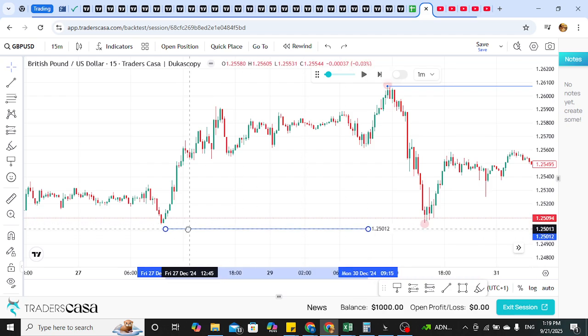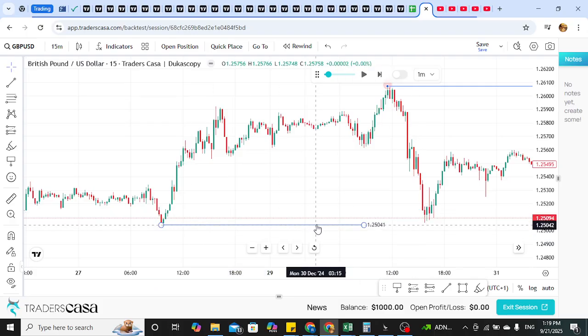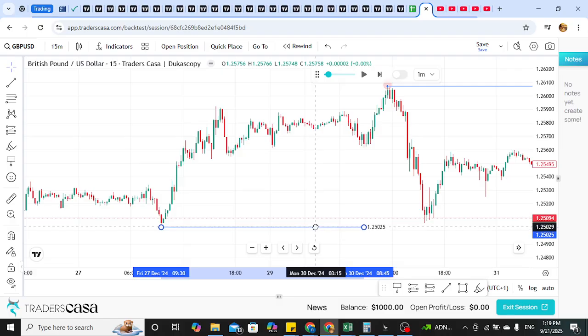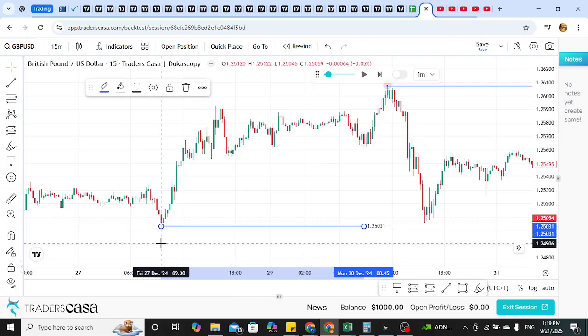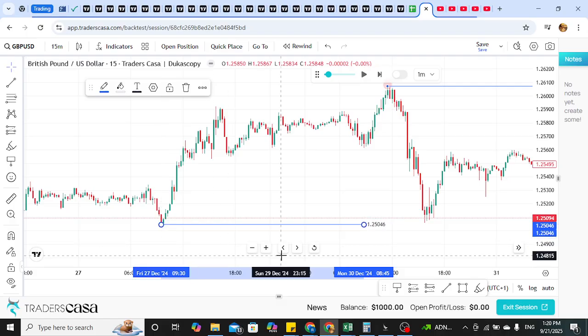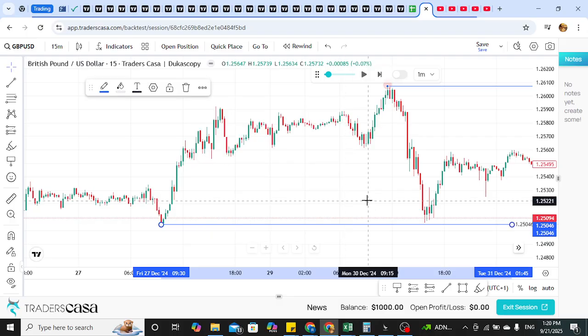Let's take it here. Let's remove this. It will be clear in a while. Just let's set it up. And it's 25046. So this is the low, and let's extend it, let's say to 450.